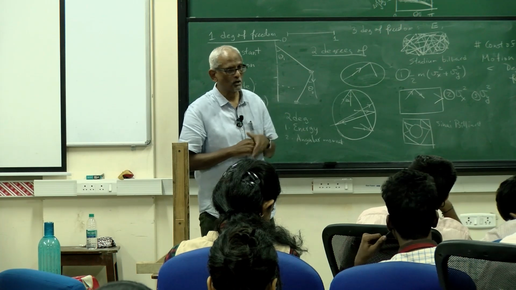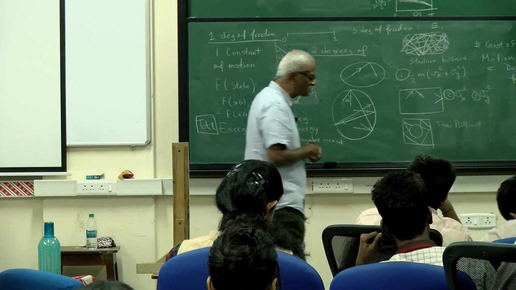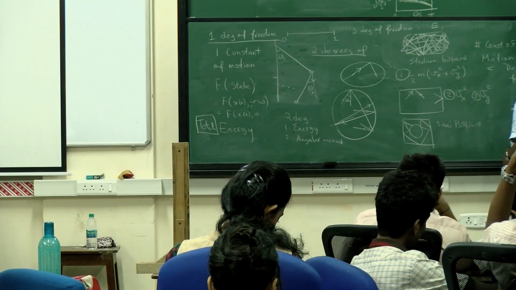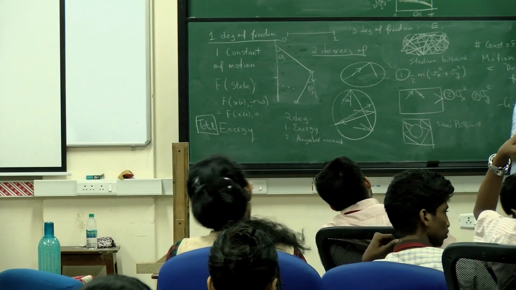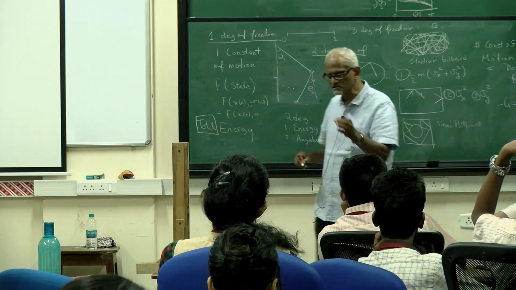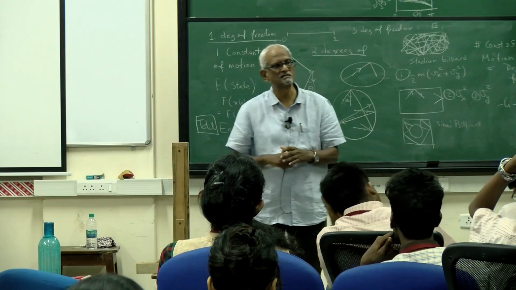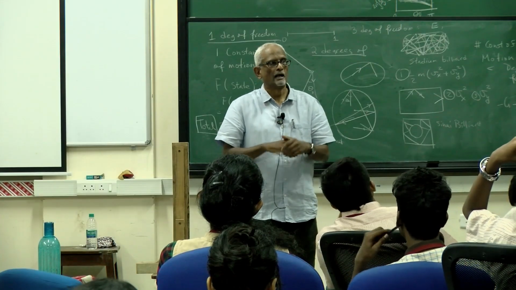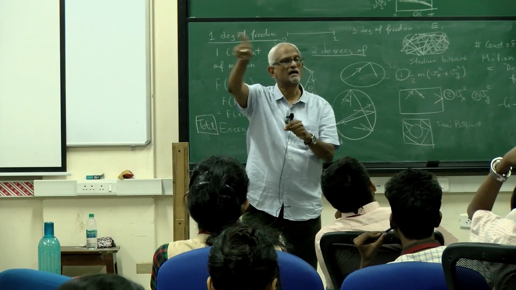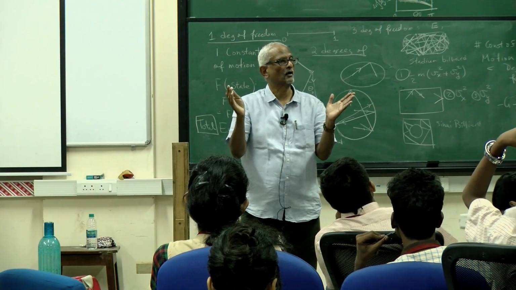Now, Kepler's laws: the gravitational law has a force which goes as 1 by r squared, right? It's GMm by r squared, and the potential is minus GMm by r. r is the distance from the sun, let us say. This has a symmetry of rotation.